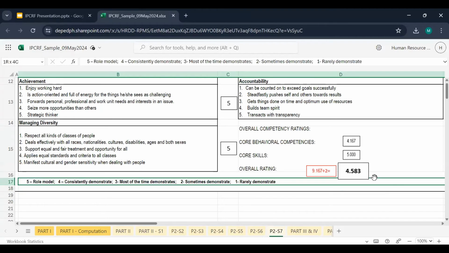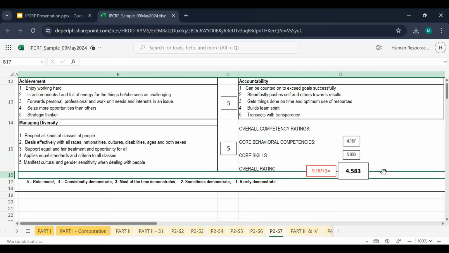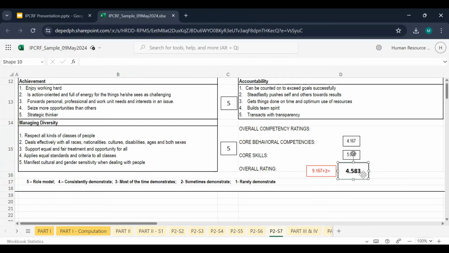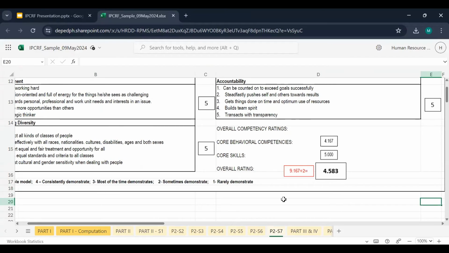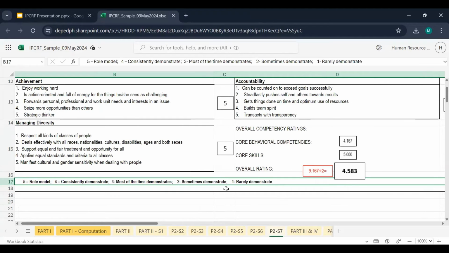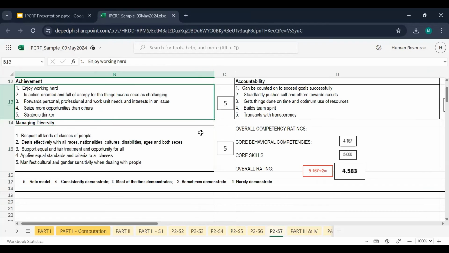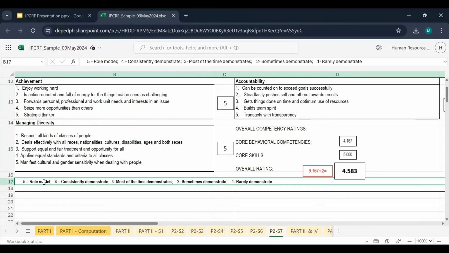Once you obtain the overall rating under part 2, we will now proceed to part 3. But before that, do not forget, in assessing or evaluating the competencies and skills, the rating scale would be 5, role model; 4, consistently demonstrates; 3, most of the time demonstrates; 2, sometimes demonstrates; and 1, rarely demonstrates.